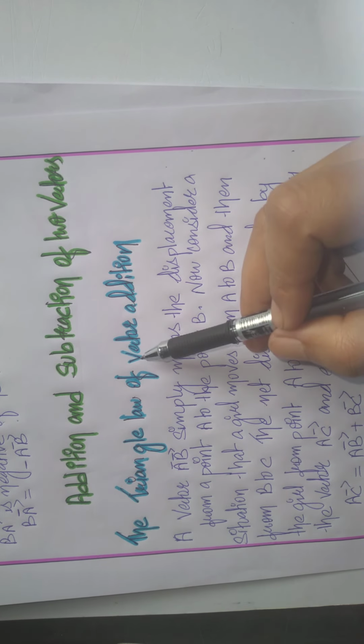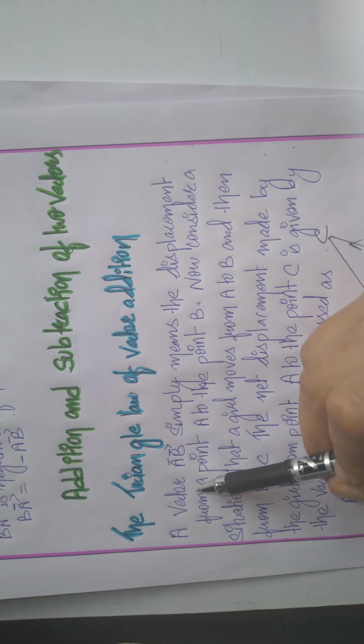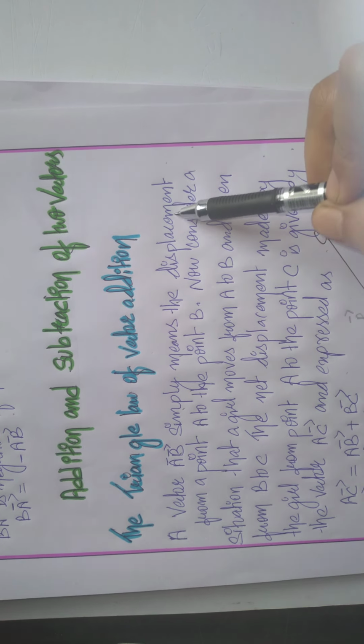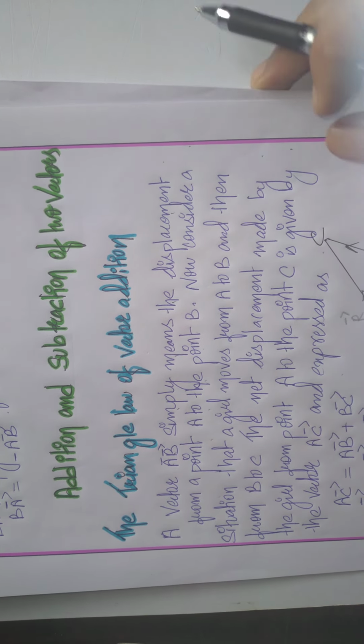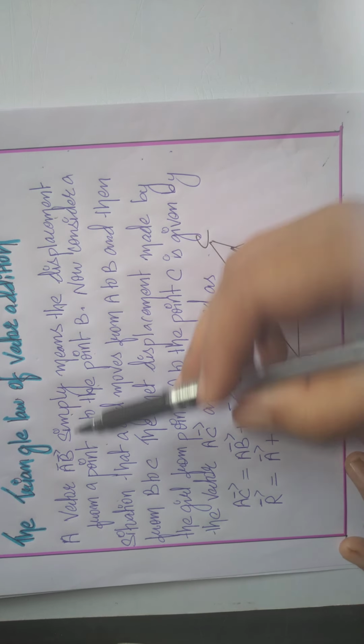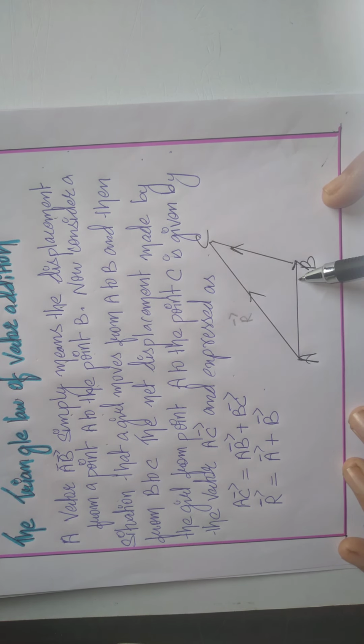The triangular law of vector addition. A vector AB simply means the displacement from point A to point B. Let us see this figure.